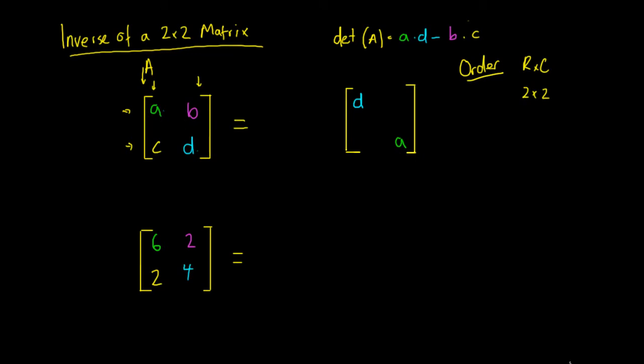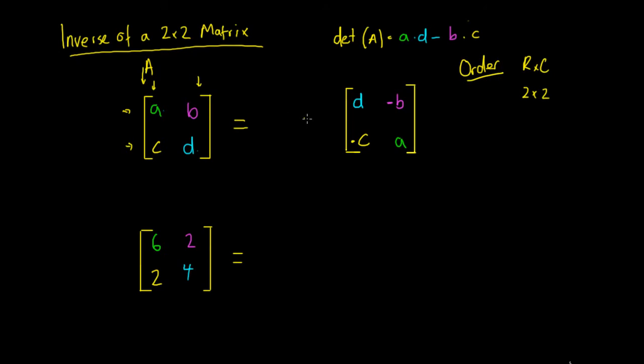And then the next thing you do after you've swapped those two is you have your B and C. So you leave those in the same spots. So you have B in the top right hand corner, but you make it negative, and you have C in the bottom left hand corner, but you make it negative. So these opposite diagonal terms stay in the same place and become negative, and then these terms here, A and D, we've actually swapped them and reversed them from our original matrix. So that's our first step.